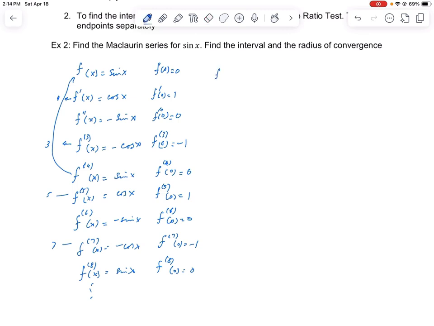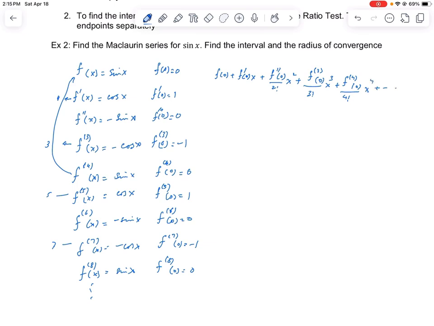First will be f of 0 plus f prime of 0 times x, plus f double prime of 0 over 2 factorial times x squared, plus the third derivative at 0 over 3 factorial x cubed, plus the fourth derivative at 0 over 4 factorial times x to the 4, and so on.